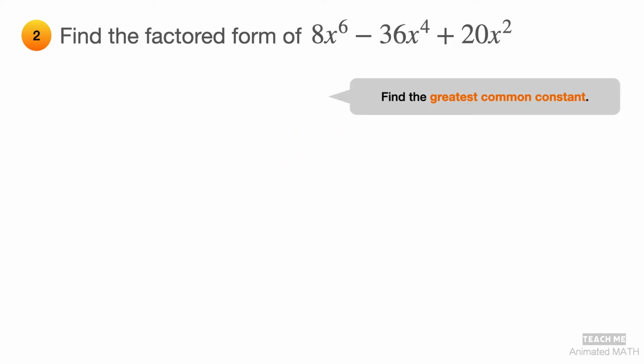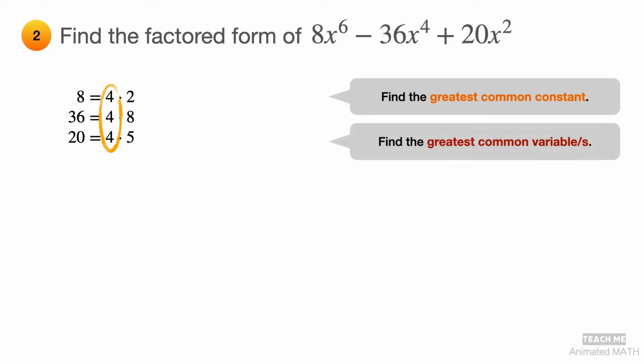You can find the greatest common constant by factoring the coefficients 8, 36, and 20. In this case, that constant is 4. You can find the greatest common variable by factoring the variables in each term. In this case, that is x squared.